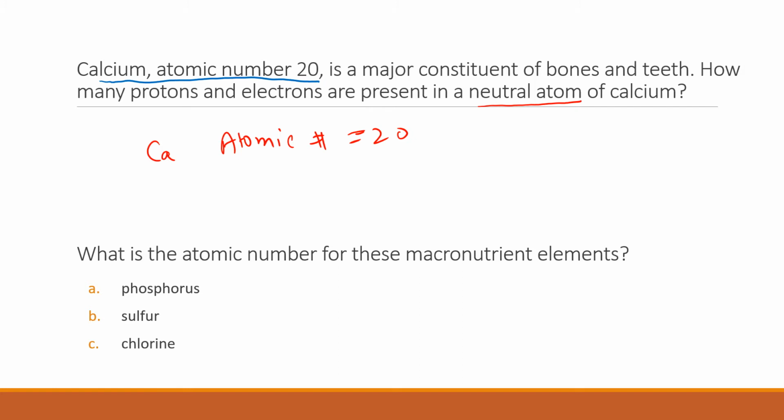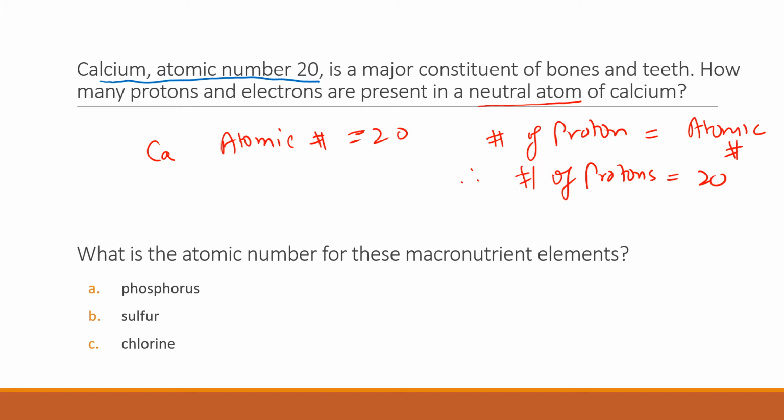We learned in the previous slide that the number of protons is the same as the atomic number. Because the atomic number is 20, calcium has 20 protons in its nucleus.